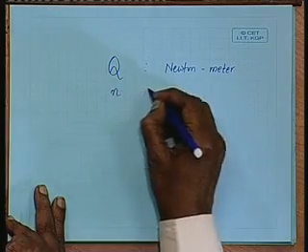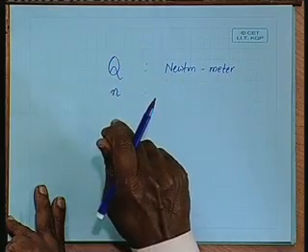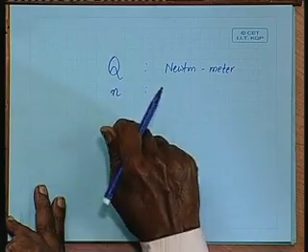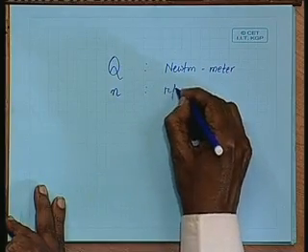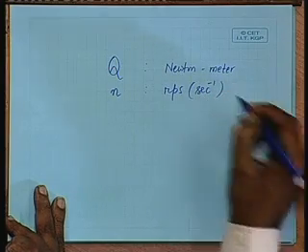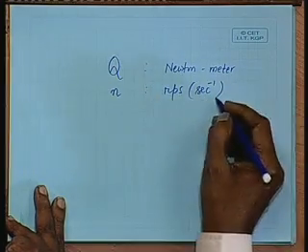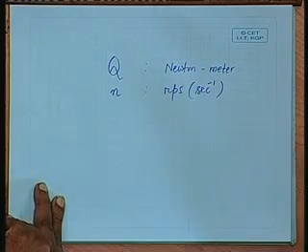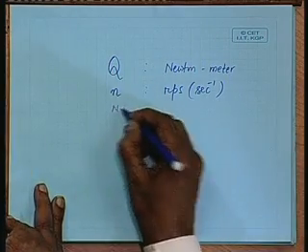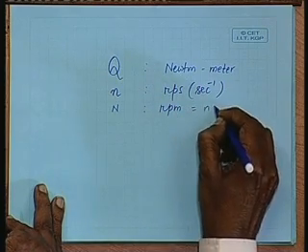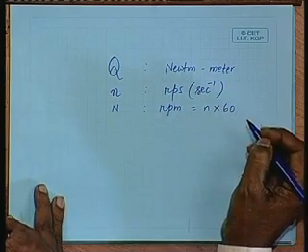The propeller blade rotates at revolutions per second, denoted as small n, RPS, unit being second inverse. Sometimes it is more convenient to say revolutions per minute, in which case you write capital N RPM, which is equal to n into 60, right.